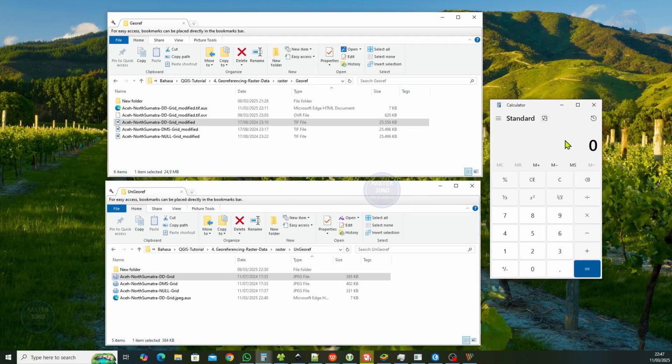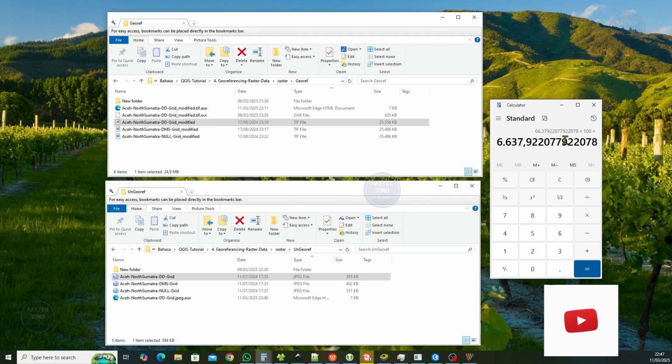Let's type 25,556 divided by 385, is 66 times bigger, or we can multiply by 100, and so this is 6,635% bigger than the original one.